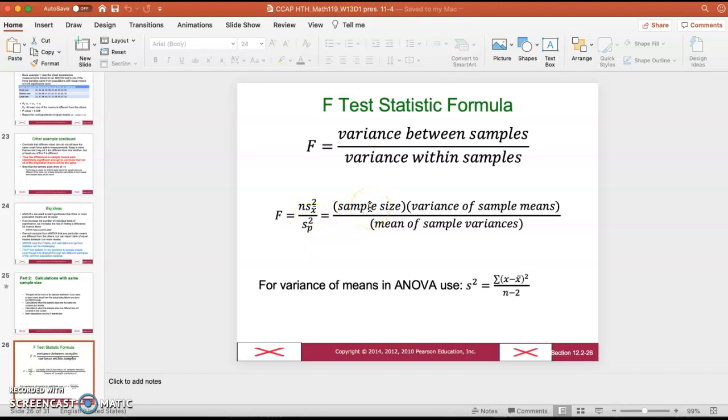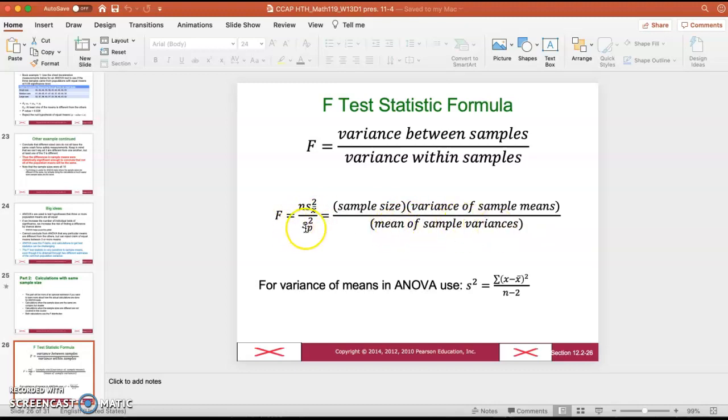What that all means is the numerator is the sample size, n, times the variance of the sample means. So that's what this s squared sub x bar means, the variance of the sample means. And this one, s squared sub p, is maybe not the best variable choice, but it's the mean of the sample variances.